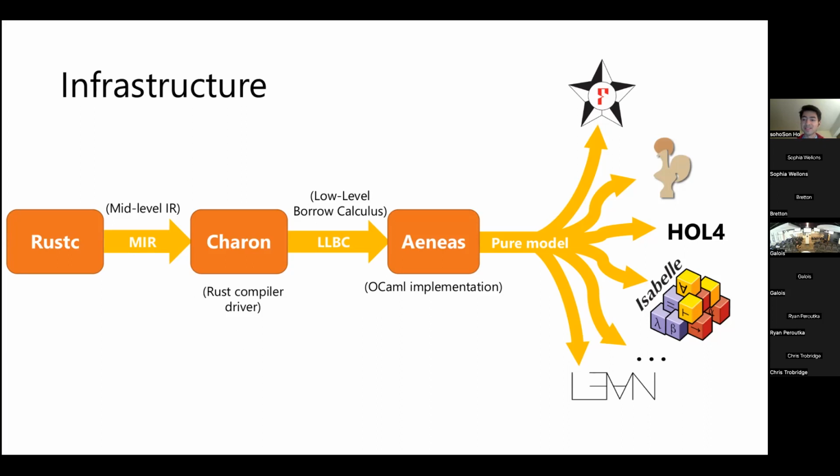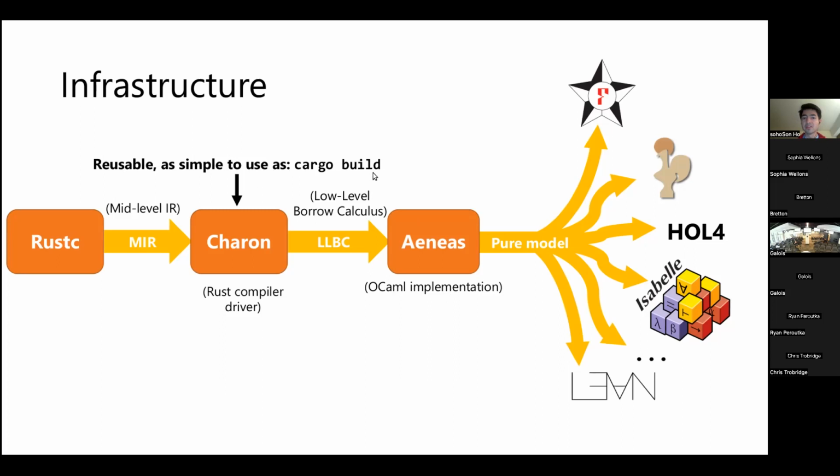And the Rust compiler's internals are very unstable. So what Charon does is it takes this MIR and transforms it into a nicer, simpler to use AST that we call LLBC. It's meant to be used to analyze the code, and it's stable. And this driver is not specific to the Aeneas project. It's meant to be reusable and as simple to use as cargo.